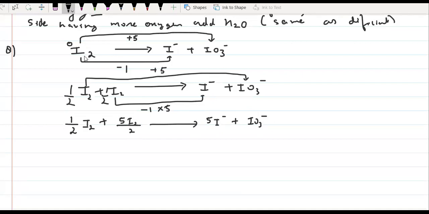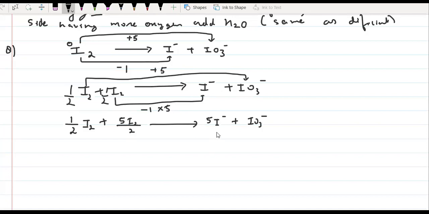1 I2, right? So in order to remove confusion, I split it into half I2 plus half I2. Now 1/2 I2 is losing 1 electron to form I minus, and 1/2 I2 is gaining 5 electrons to become IO3 minus. So obviously, this should be multiplied by 5. So this half I2 should be multiplied by 5, and this is also 5 I minus.